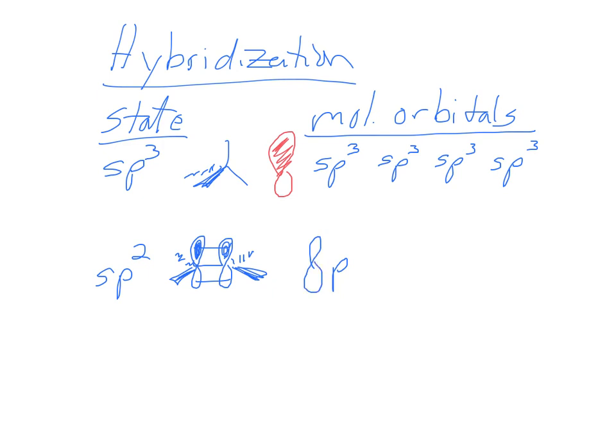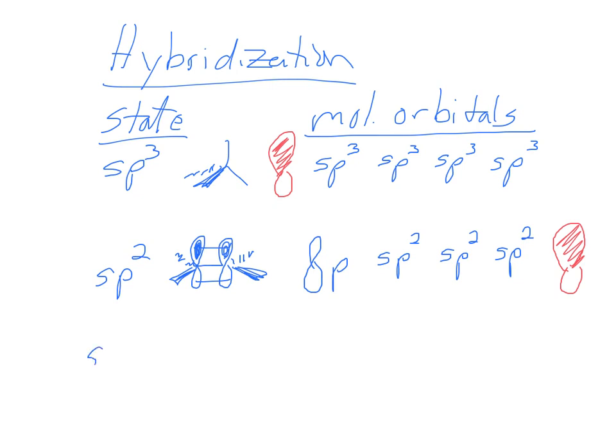That's a bad looking p orbital, but that's the p orbital. So what's left is an s and 2 p's. So we have sp2, sp2, sp2. What does an sp2 orbital look like? It's going to be a little more short and fat because it's 2 parts p, 1 part s.